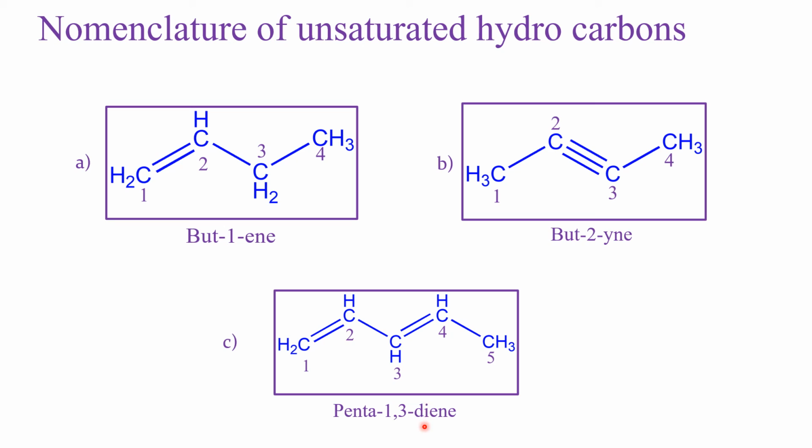That's why I have added diene. These 2 double bonds started from the first carbon and third carbon, so 1,3-diene. The total number of carbons in the given molecule is 5. So penta-1,3-diene.